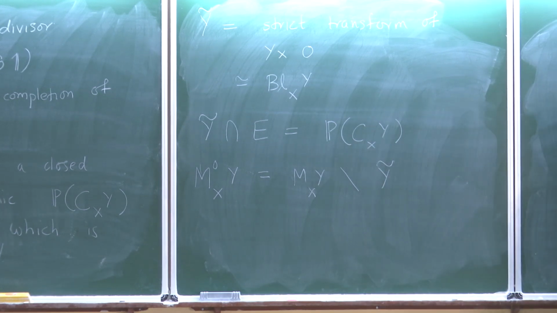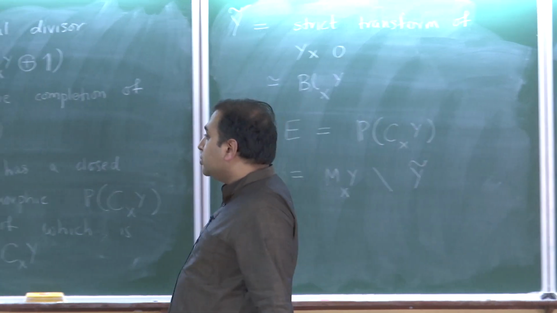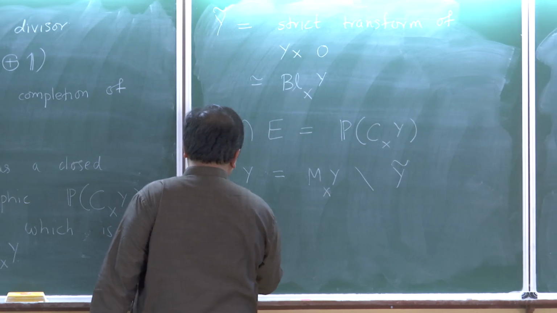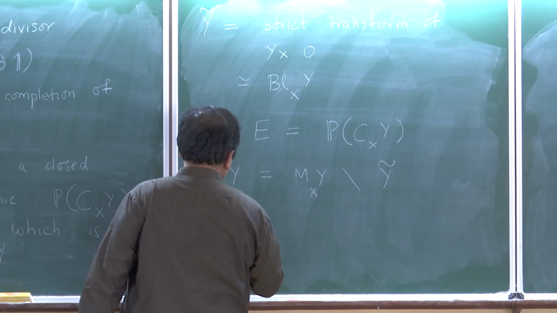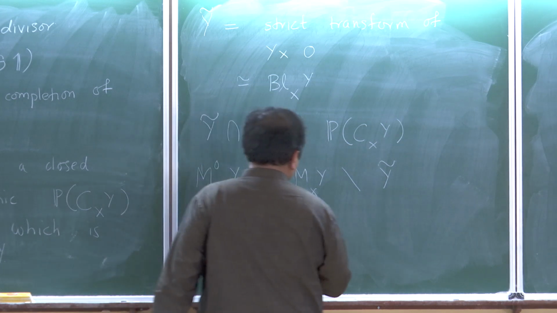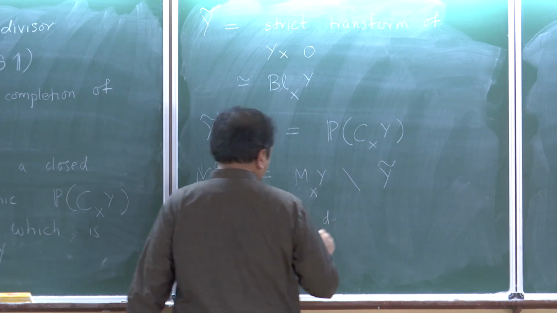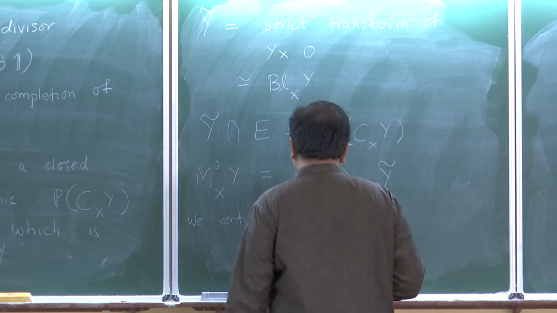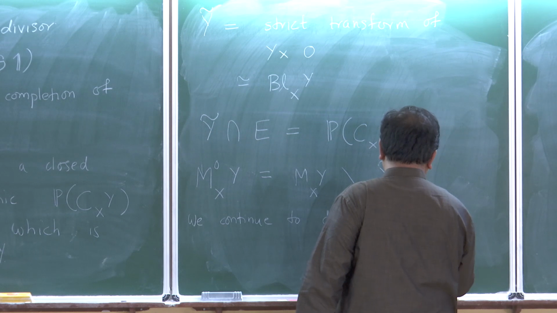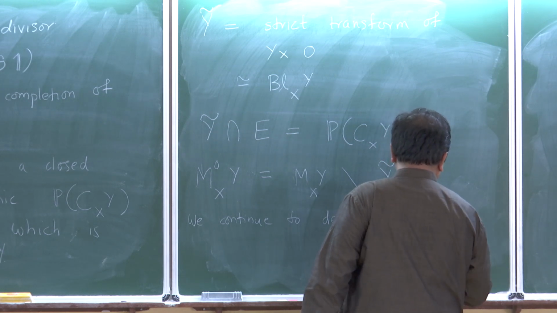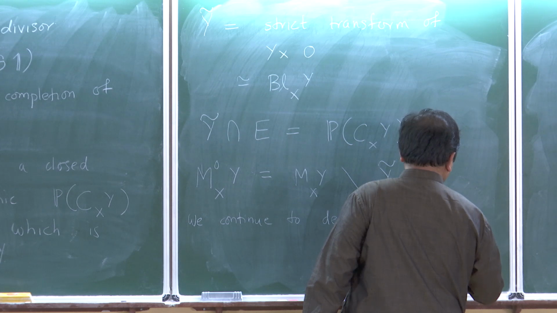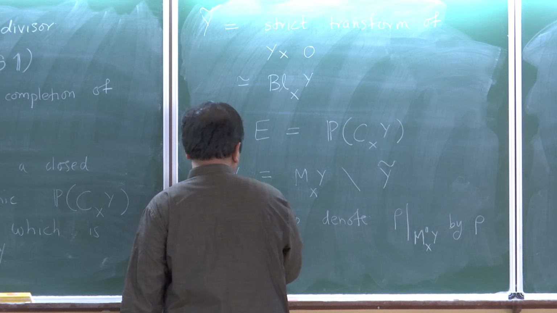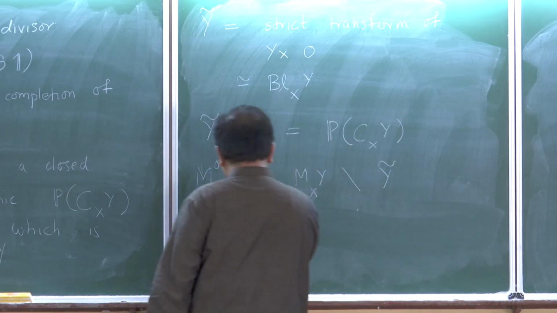And I will continue to denote the restriction of rho to M^0_XY by rho. Maybe I shouldn't do that, but I'll do that later when I start using this.